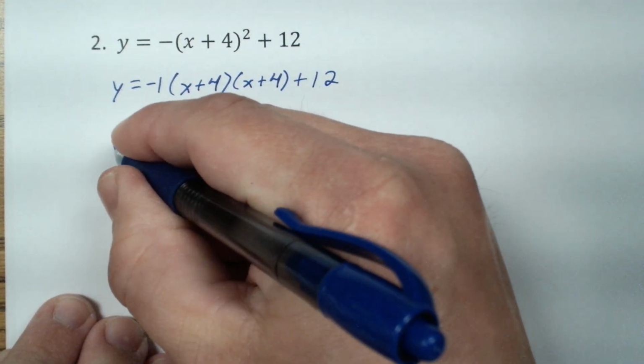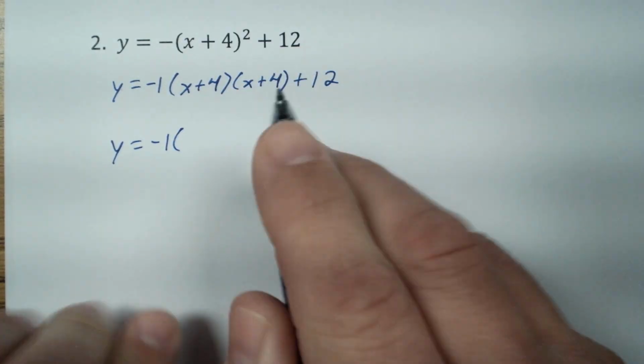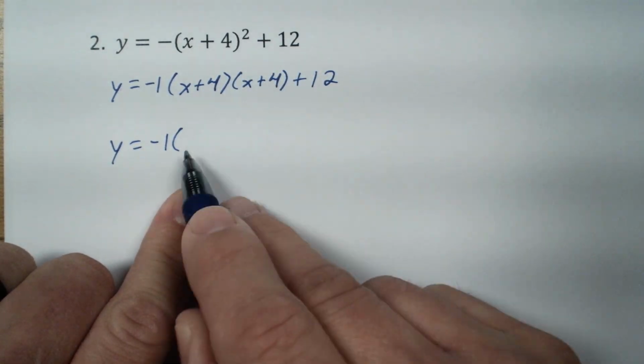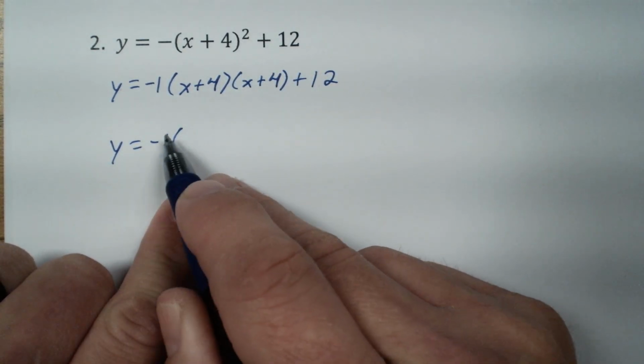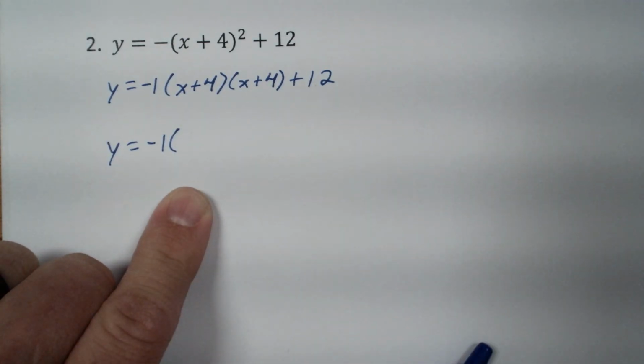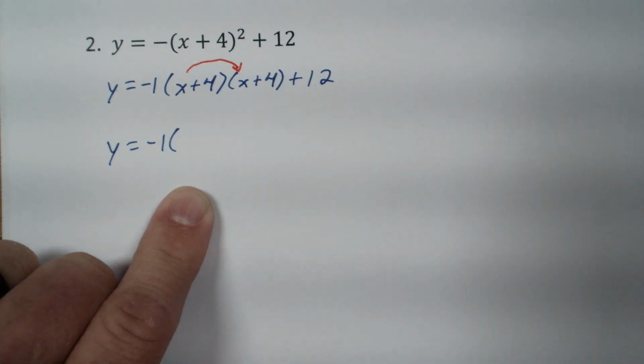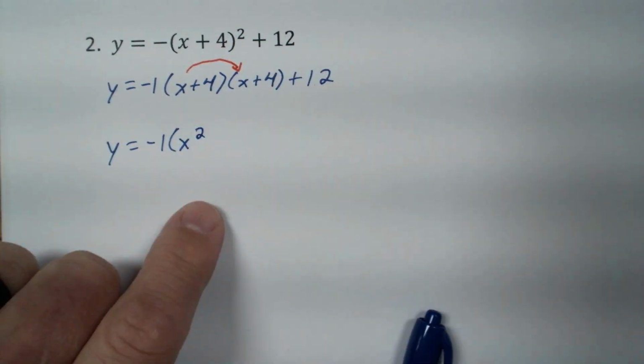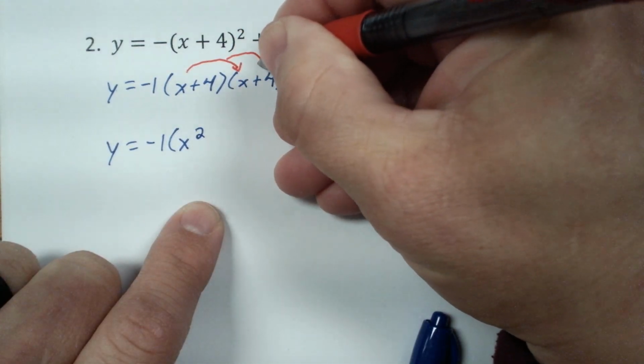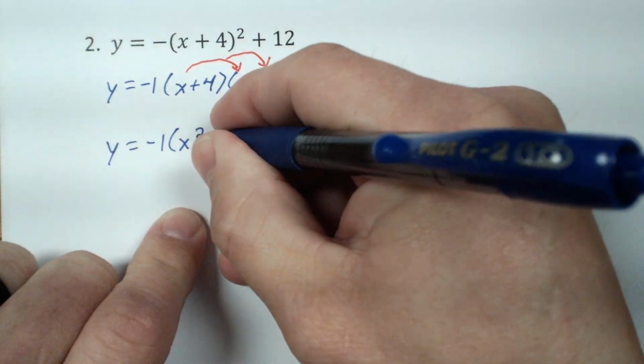Much of my steps are going to remain the same here. There is a small difference: as I'm writing this, I'm going to keep what I'm multiplying here in a set of parentheses, because that will remind me that I need to distribute by negative 1 here in just a second. So anyways, x times x is x squared. X times 4 is plus 4x.